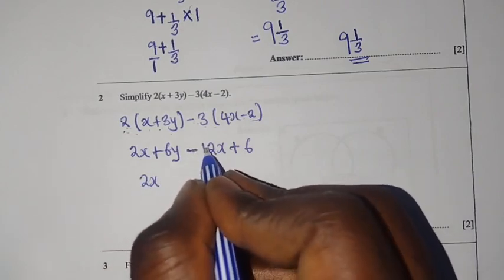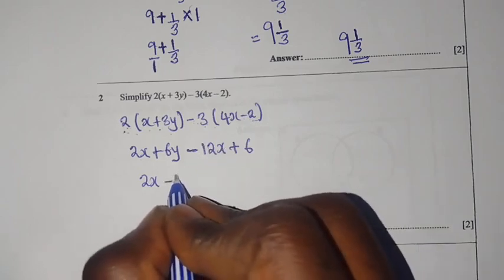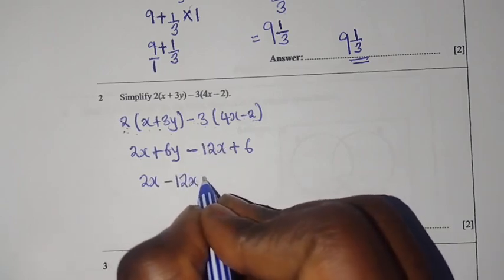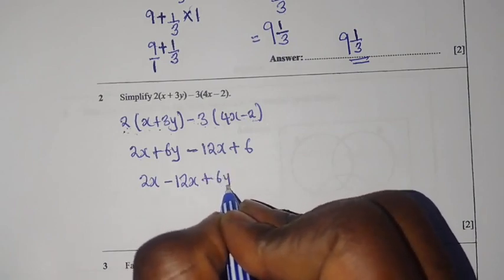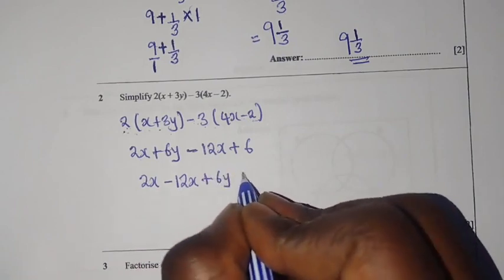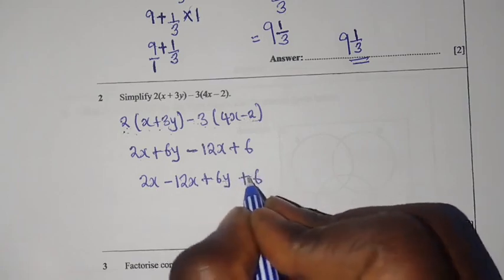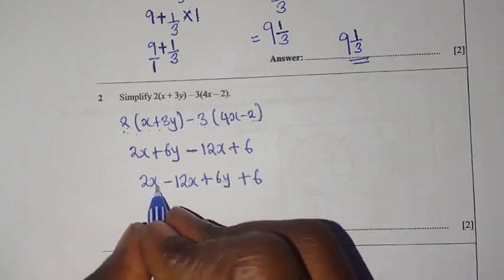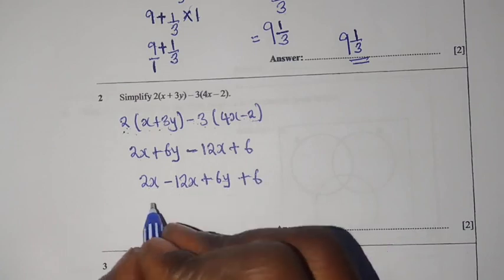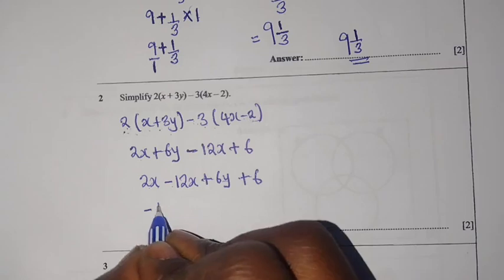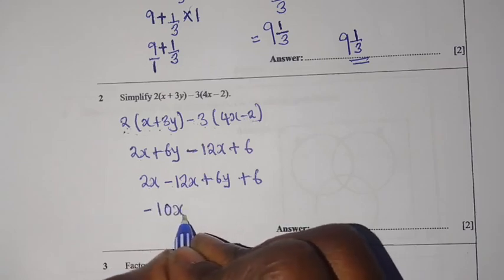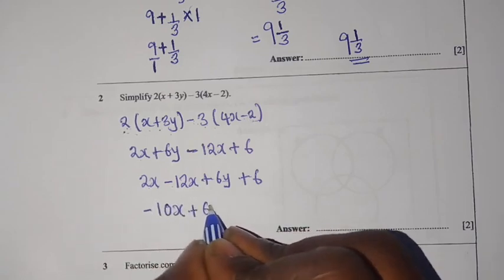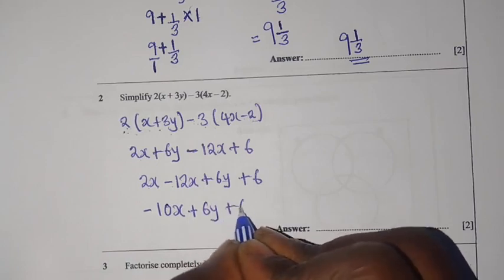Its like term is negative 12x. Then plus 6y and plus 6. These two are not like terms. So 2x minus 12x will give us negative 10x plus 6y plus 6.